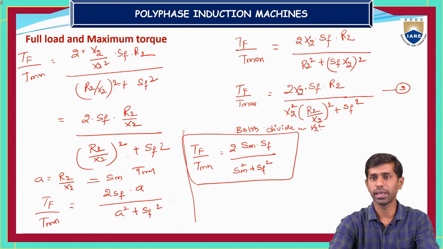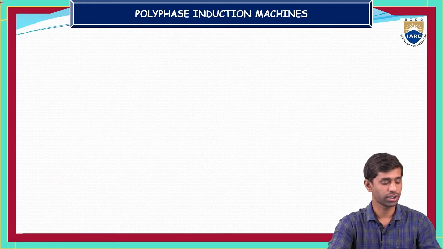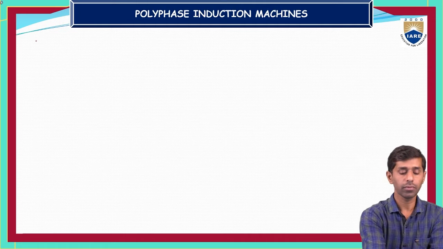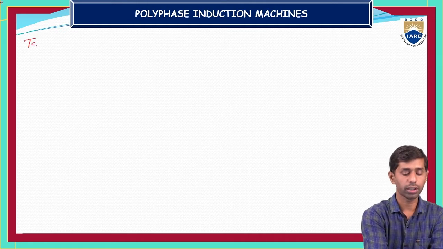So we replace A with the slip maximum Sm, and we get the ratio TF by T maximum equal to 2 slip maximum times slip at full load condition, divided by slip maximum square plus slip at full load condition square. Similarly, derive the expression for the ratio of starting torque to full load torque.